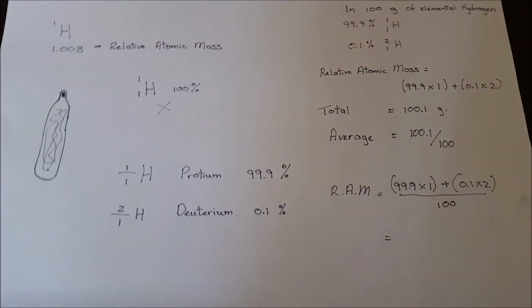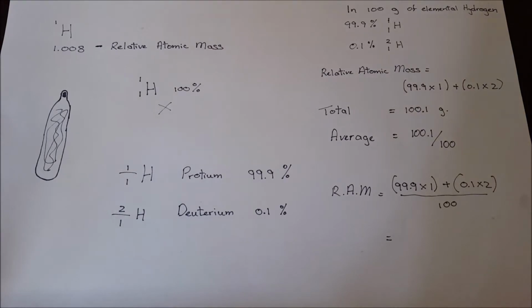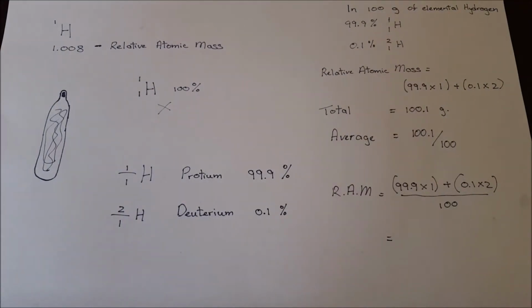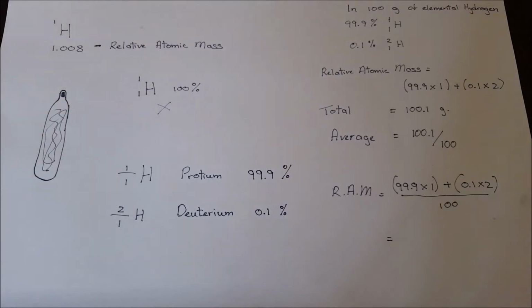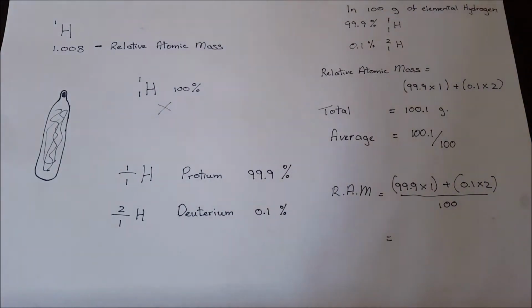So let's look at our example here. If I had 100 grams of elemental hydrogen, I expect that 99.9% of it would be protium, just the same way as it is in nature, and then 0.1% of that 100 grams would be deuterium.